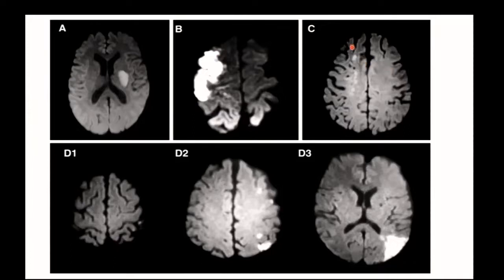This pattern, for example, you see these strokes, deep border zone infarct. Very typical border zone infarct. So you anticipate a high-grade stenosis with border zone infarct, impaired distal perfusion mechanism.